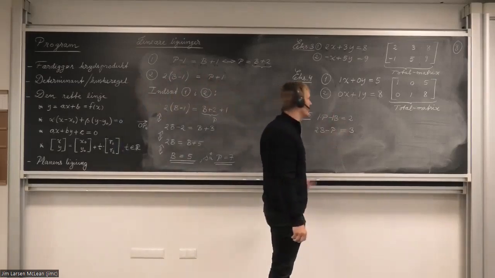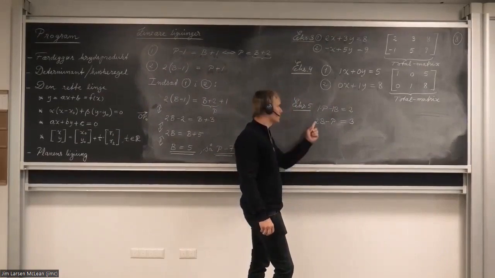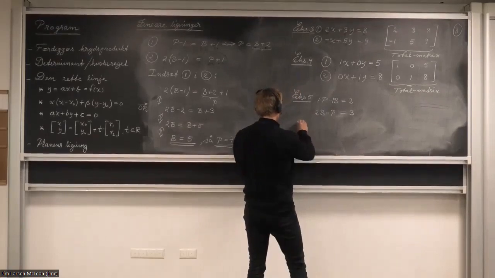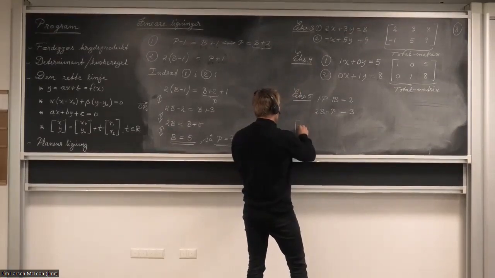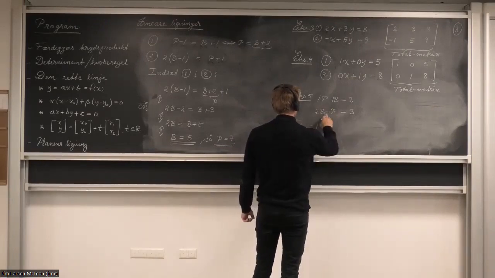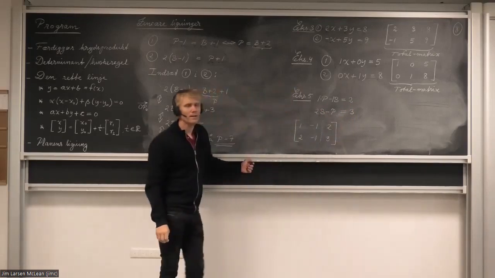Here is a system of linear equations. Now I write down the augmented matrix for this system of linear equations. It looks like this: 1, minus 1, 2. And here it's supposed to say 2 and 3. Did I do it right?